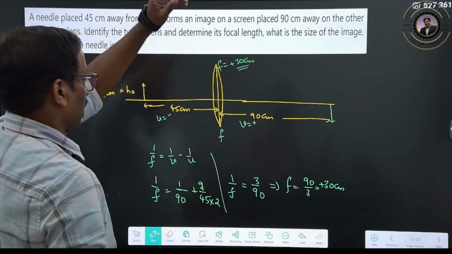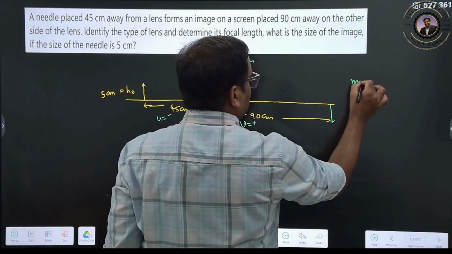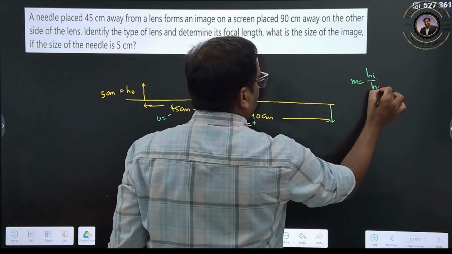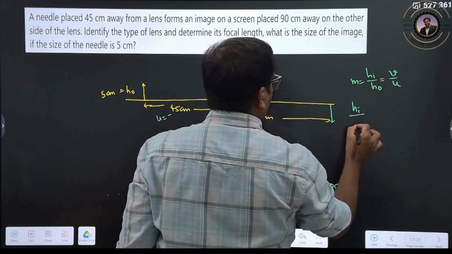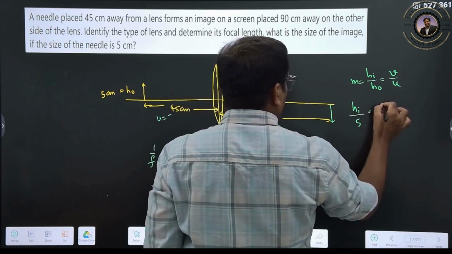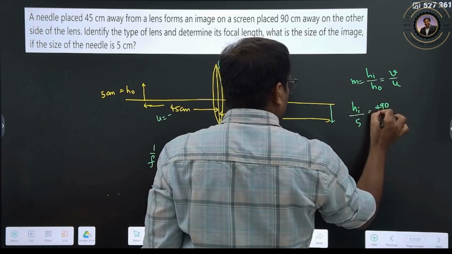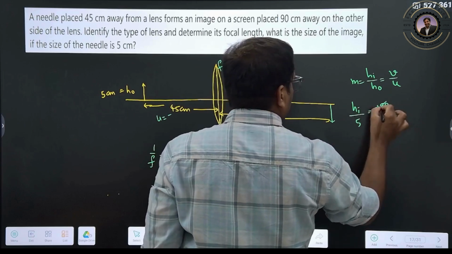Now you can calculate the magnification, height of the image by height of the object, which is v by u. The height of the object is 5, v is 90 and u is minus 45, so v by u is minus 2.